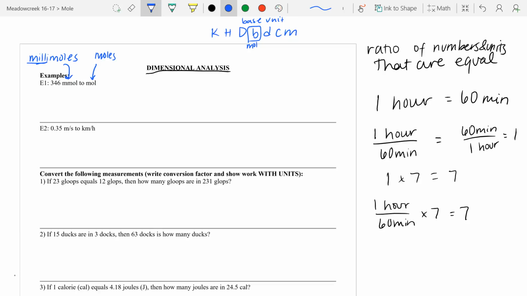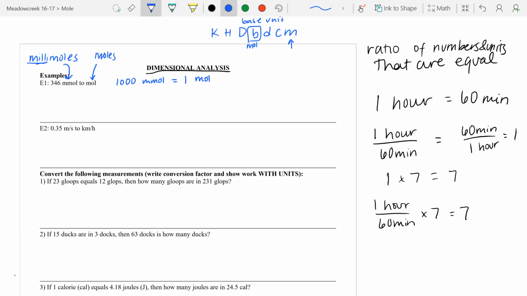Now, millimoles would fall right here on the ladder. So that tells us that 1,000 millimoles is equal to 1 mole. That's what that little acronym or mnemonic device helps us remember.